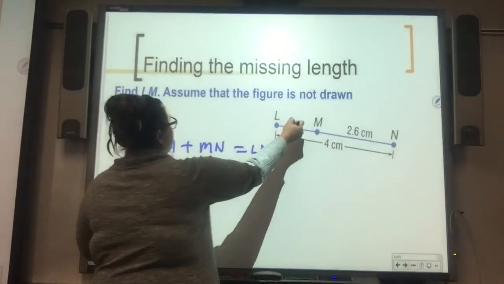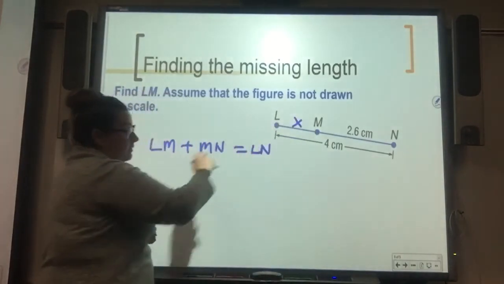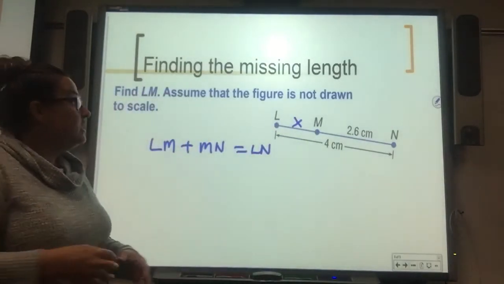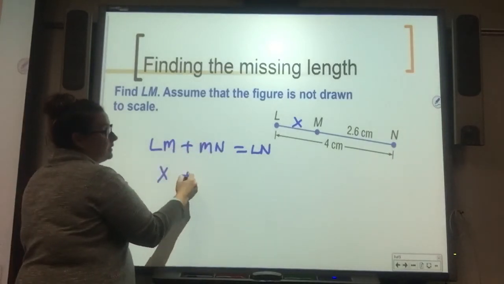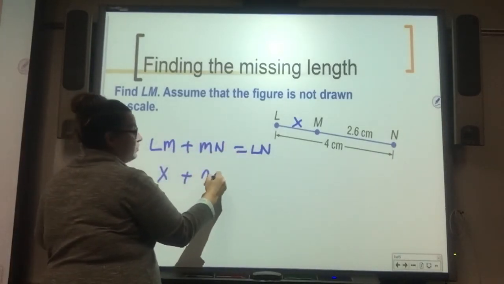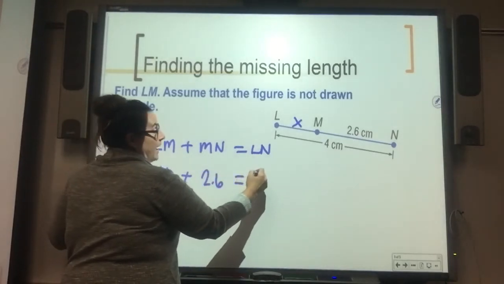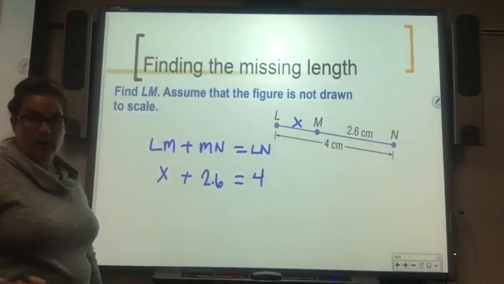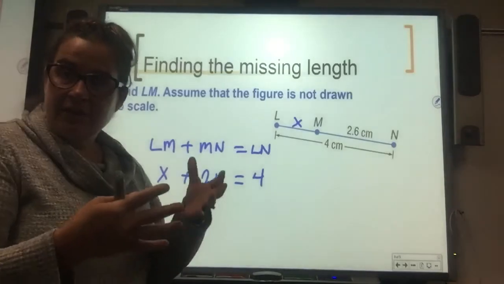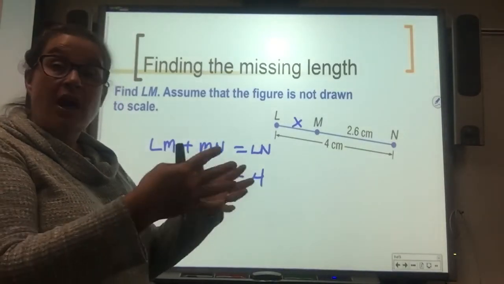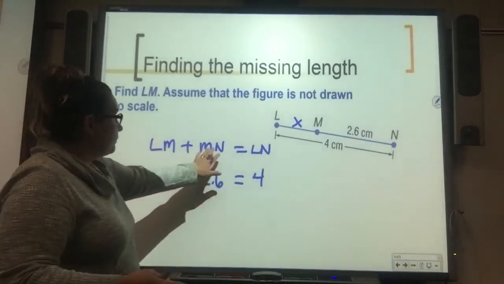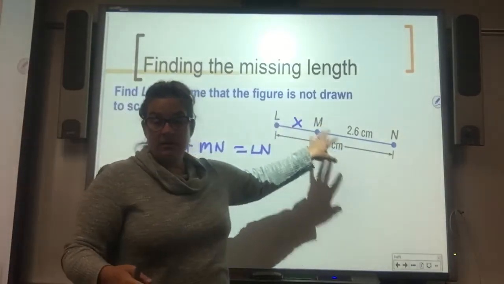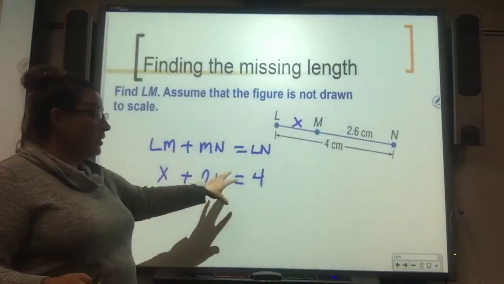So this is the figure, this is the segment that we don't know the measurement of. So I'm going to fill in what I know. LM is X, MN is 2.6, and LN is 4. So we're using this idea of measurement to help solve for a missing length. So we write it out as its names, the measurements of them, and then we fill in what we know.